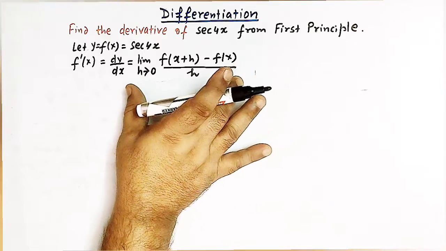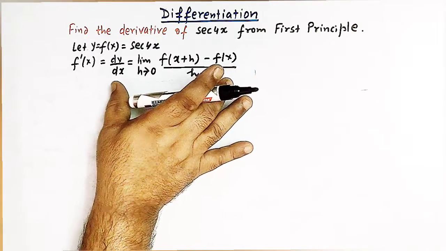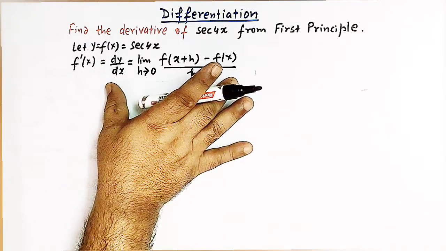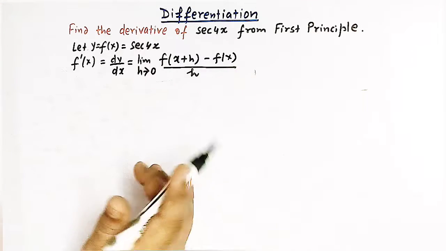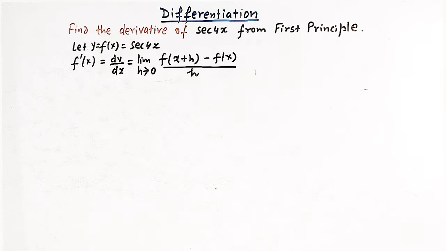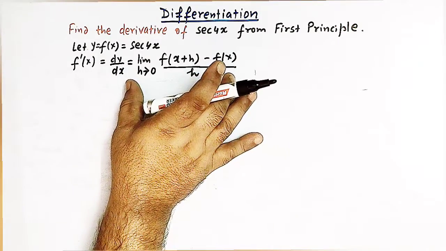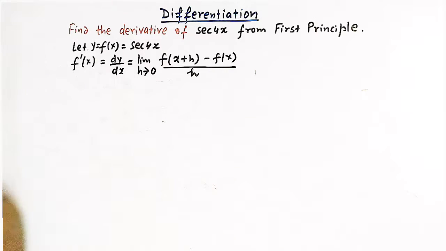This limit is known as the derivative of y with respect to x, and this is known as finding the derivative using first principle. So we'll calculate this limit for this function to get the derivative of secant 4x.